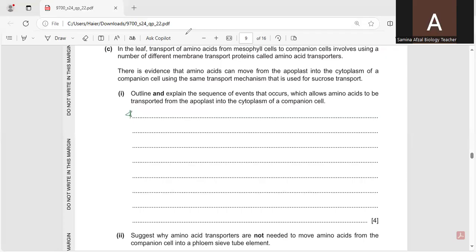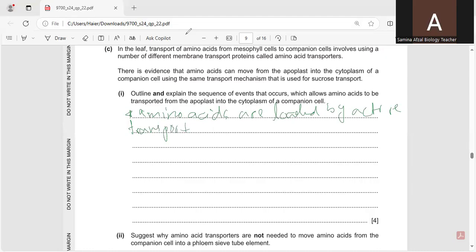I start writing: amino acids are loaded by active transport.